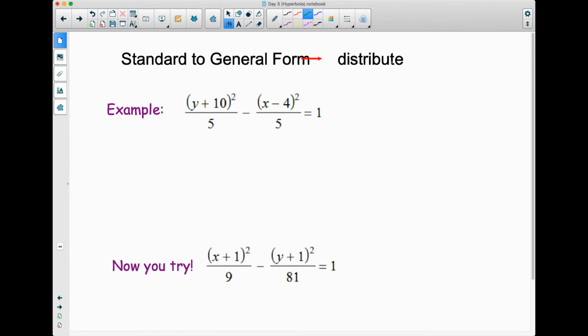All right. Let's go changing between forms. It quite literally says distribute. Don't worry about it. Distribute. Matthew's ahead of the game. What do we need to multiply by?